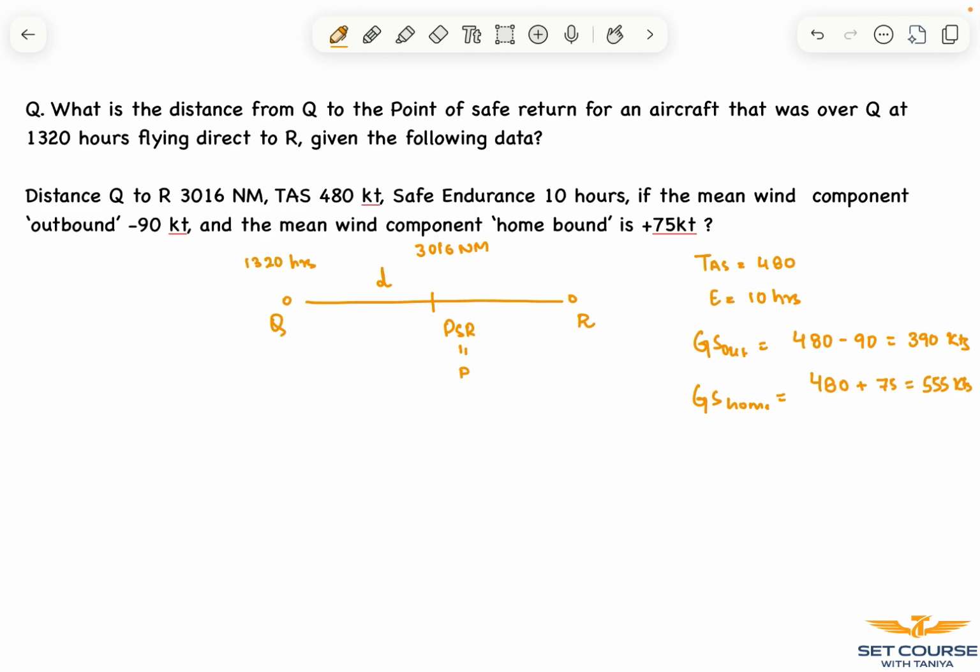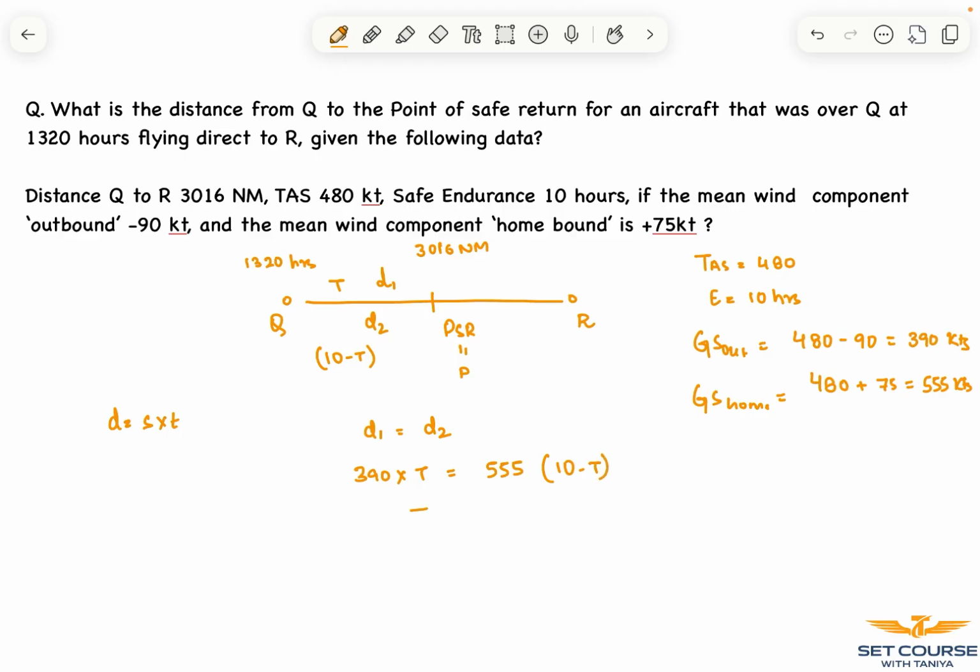Now we know that the distance is equal, so d1 equals d2, d1 from Q to P and d2 from P to Q. Distance equals speed into time, so our outbound speed 390 into time, say t, equals our homebound ground speed 555 into our time home, which is 10 minus t, the endurance minus the time outbound.